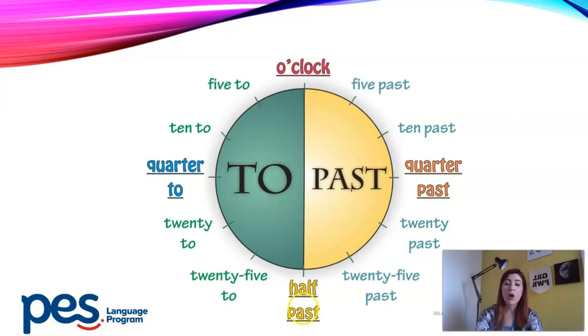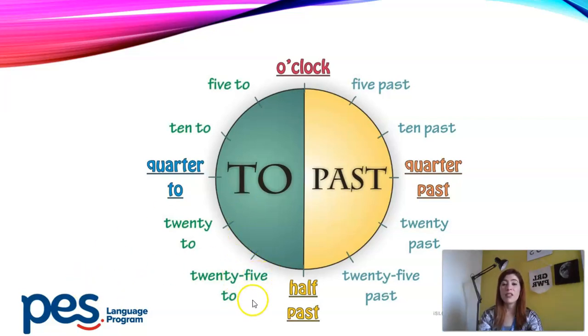After this point, all the expressions that we will use, as you can see them here, have to. Okay? So if the small pointer is still here on 12, and the big pointer is marking here on this position, you will say 25 to 1, because 1 is the next hour after 12. Okay?